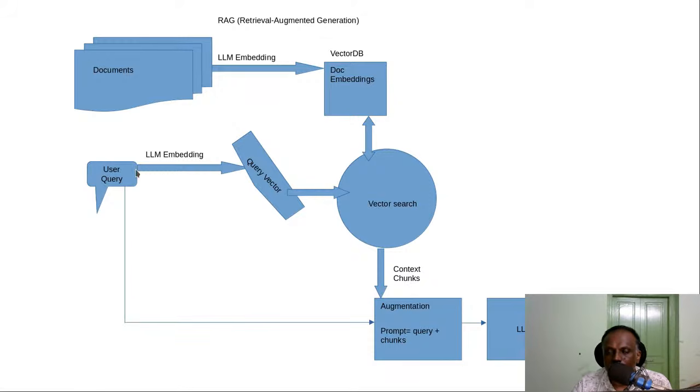So we have to use the same embedding model to convert this user query into a query embedding. That query embedding should be searched against the vector store, and we will get, normally, the top k results. We can set k as 3 or 4 or 5, whatever it is.